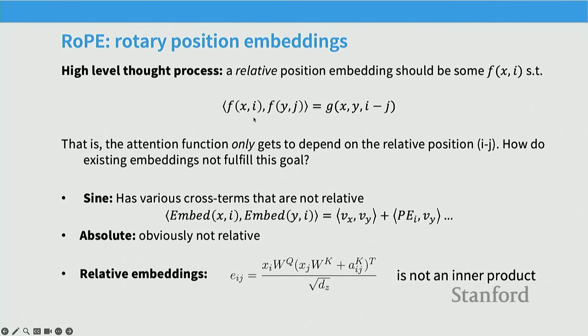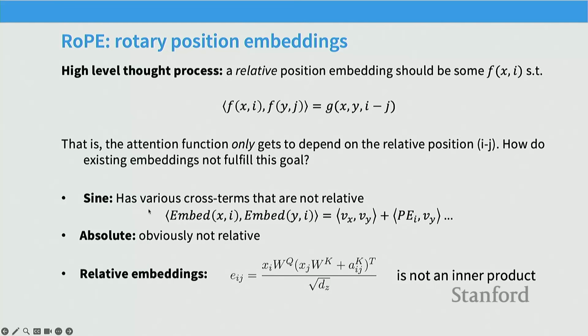So there should exist an f such that f(x, i) and f(y, j), if I take the inner product of these embeddings, then I can write this down as some different function g, which is a function of the two words and the difference in their positions, right? So this is a definition that enforces basically absolute position invariance. So you only pay attention to how far apart these two words are.